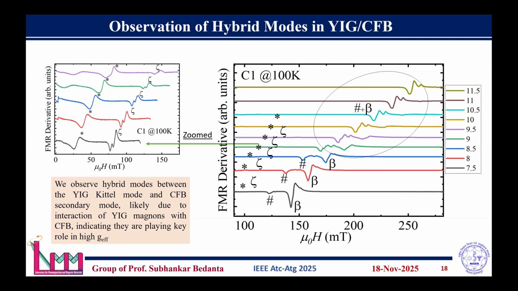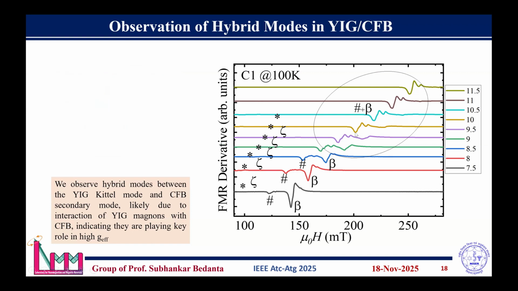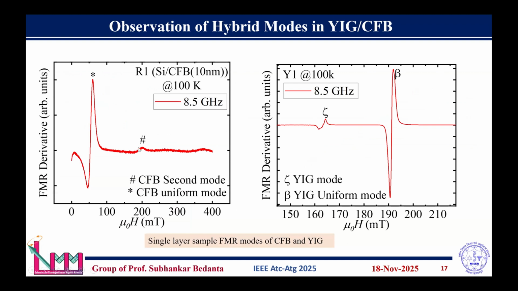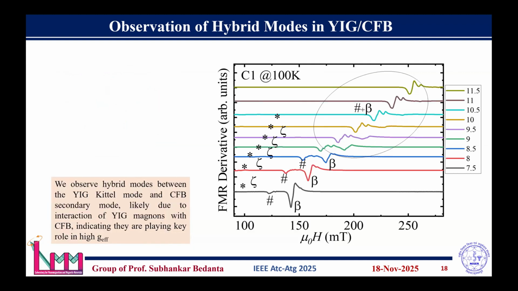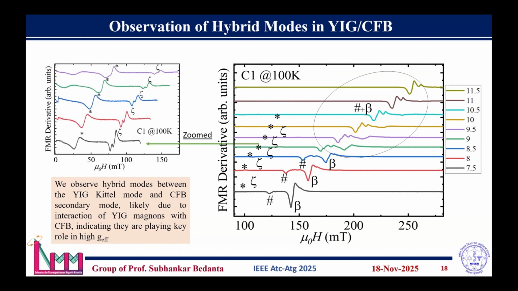Like the delta H value, how do you estimate it? We have fitted them with the four-peak Lorentzian equation, and correspondingly from the single layer where the variation is there, accordingly we have seen the H resonance behavior change and then confirm which mode is going towards which end.